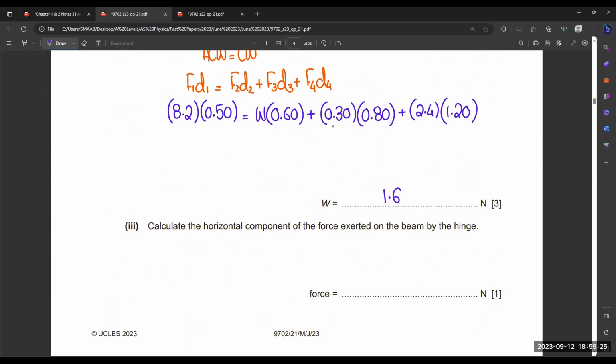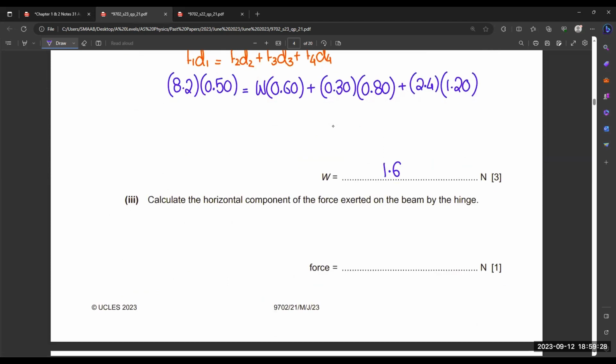So your x component will be equal to 4.2 Newton, the answer. So we are getting 4.2 as the horizontal component.